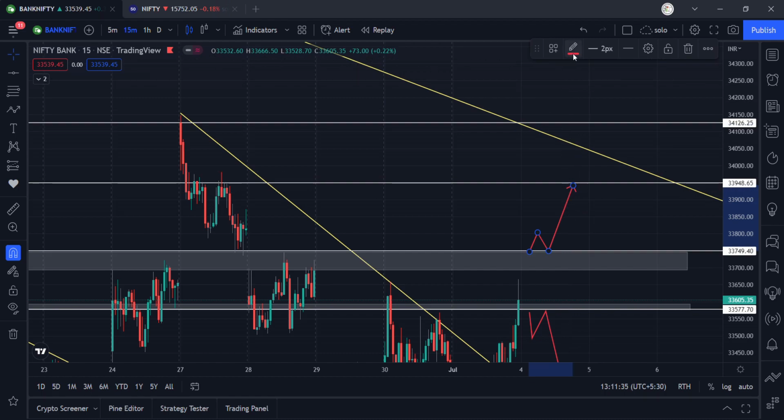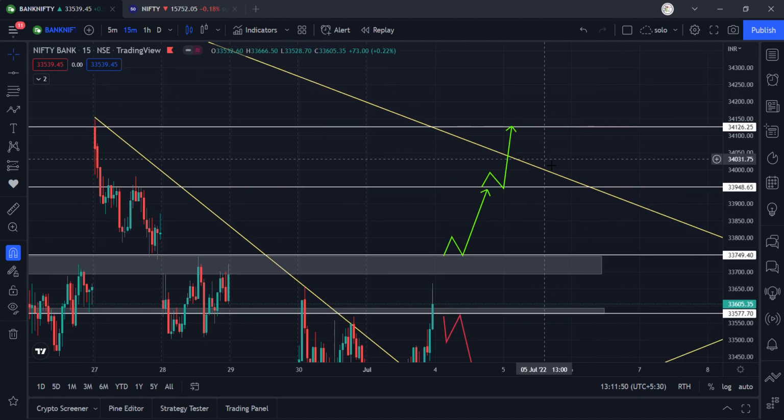And after breaking that level also, you will have a target 2 of somewhere around here, 34,126.